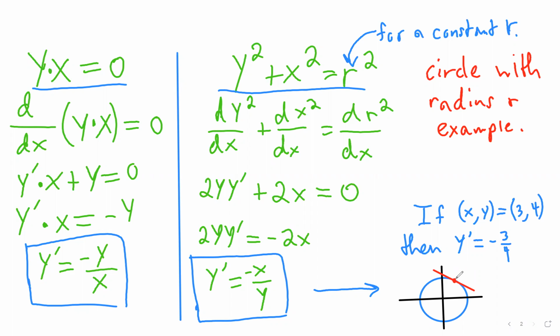The tangent line would be decreasing, and it would be decreasing at a rate which is less than 1, which fits with what we got for the slope of a tangent line from our implicit differentiation, which is negative 3/4. So you can see that the tangent line slope matches what we found through implicit differentiation.